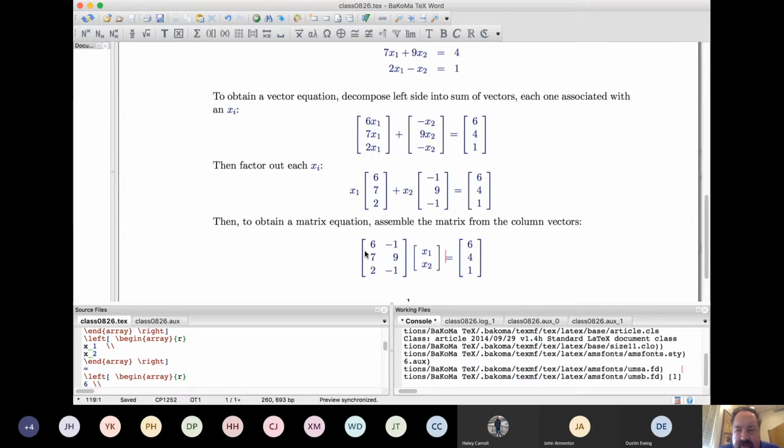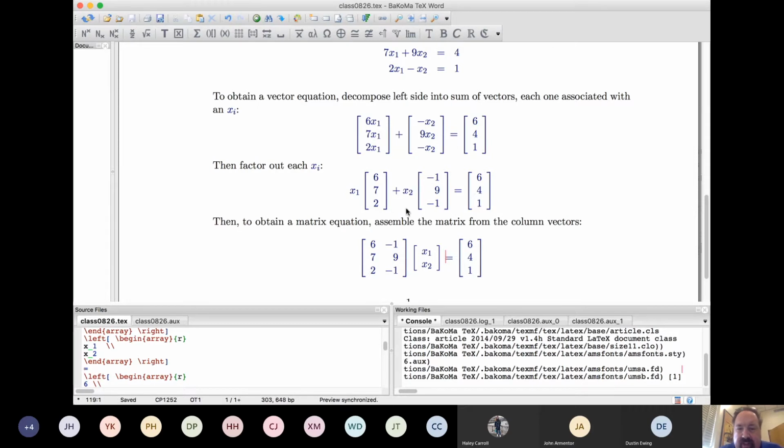Whenever you have this, you can think of this vector as a matrix that only has one column. So for matrix multiplication, as I mentioned, the number of columns must equal the number of rows of the matrix that's on the right.